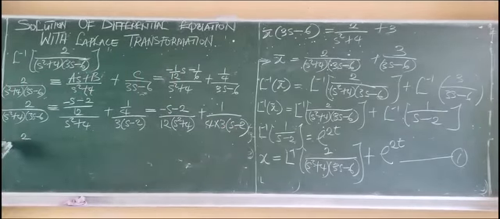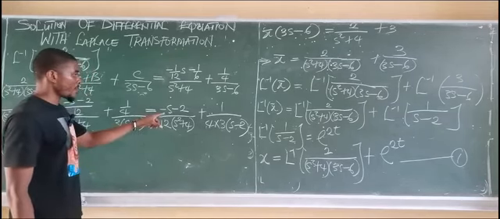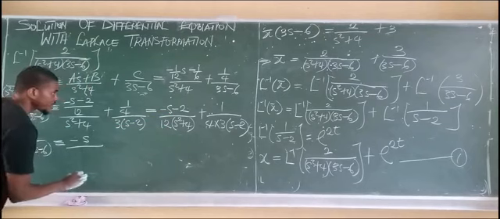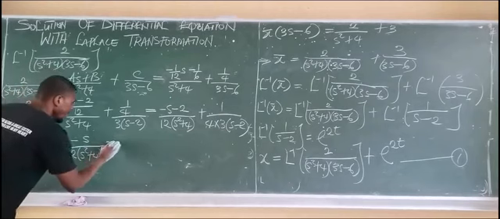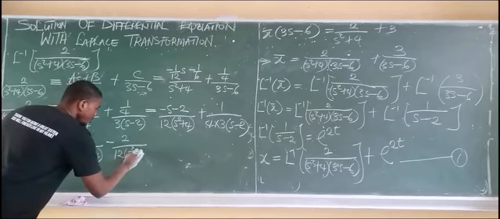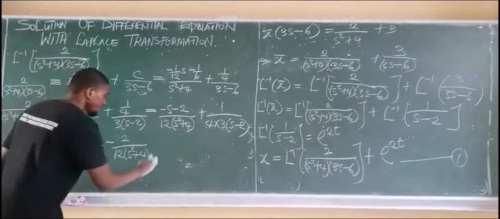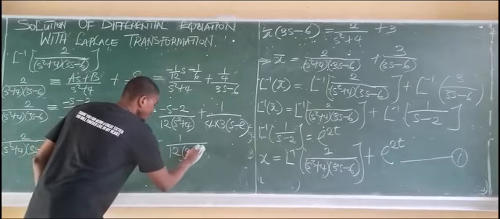So this compound fraction 2 all over x squared plus 4 times 3x minus 6 is equivalent to, now I can split this into 2, minus x minus 2 all over 12 into x squared plus 4. This can now be written as minus x all over 12 into x squared plus 4, minus 2 all over 12 into x squared plus 4. We can split this to be this, still the same thing as this. All right, so this is now plus 1 all over 4 times 3 gives us 12 into x minus 2.